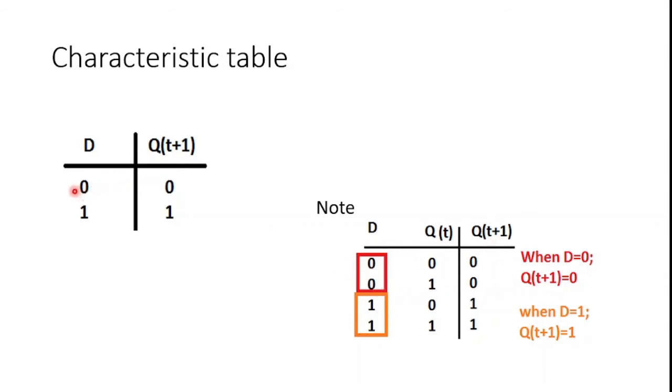So in the characteristic table you have to write down that D is 0, which means Q(t+1) will be 0 as well. And when D is 1, just like these two cases, you will have Q(t+1) equals to 1. And this is the relationship that I have stated in here. You can actually overlook this part. We don't need to consider it right now.